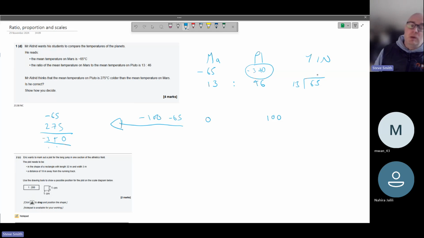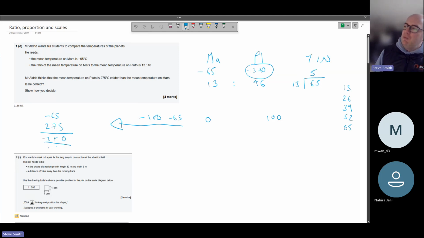Because we've done up to 12s at school, if we did the 13 times table at the side of the paper, we'll see that 65 has a direct relationship with 13. It goes into 65 five times. So for every 1 degree here, we can see that Pluto would be 5, because that number here is 5 times bigger.